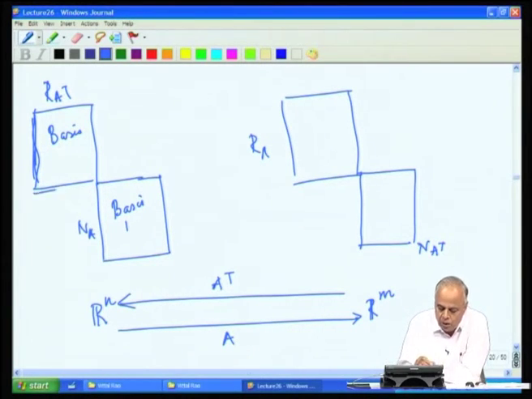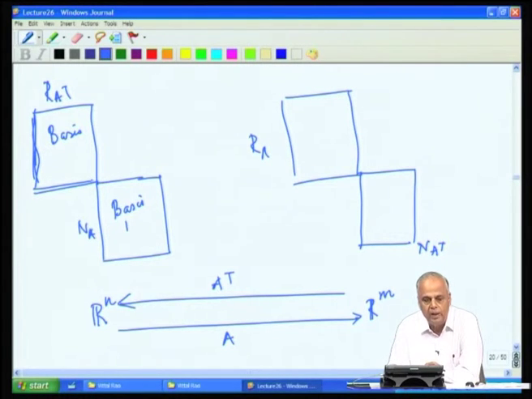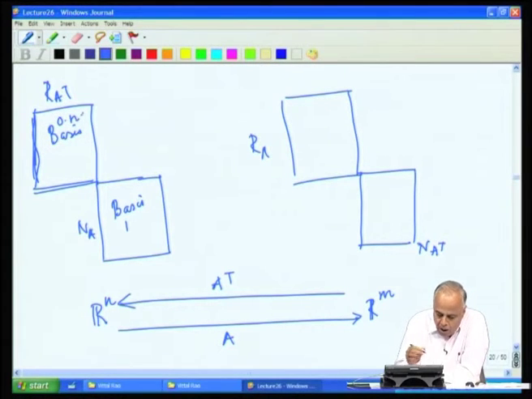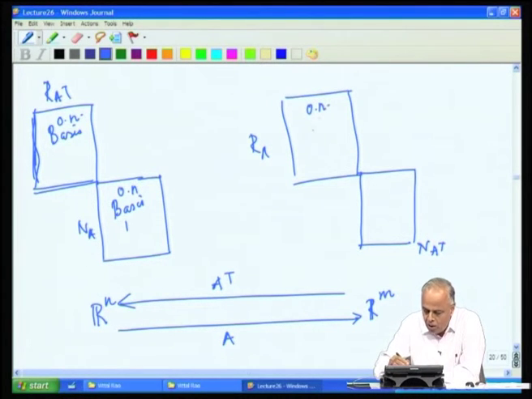So, finding a basis for R n is converted into finding a suitable basis for R A transpose and a suitable basis for N A, and we would even look for an orthonormal basis. Similarly, we would look for an orthonormal basis here and here.